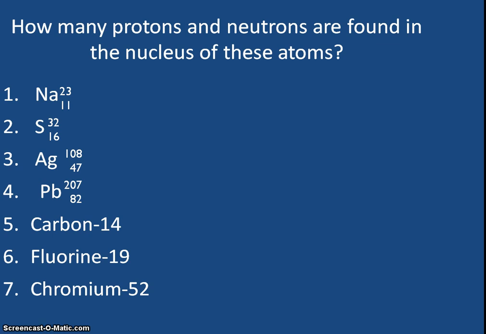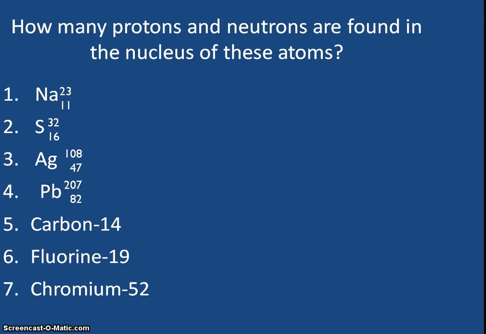So for number 5, the mass is 14. So if you look at the periodic table, it has an atomic number of 6, which means it has 6 protons, and then 8 neutrons, 14 minus 6. Fluorine is in the top right corner of the periodic table. So if it has a mass of 19, minus the protons on the periodic table, which is 9, you should get 10 neutrons.